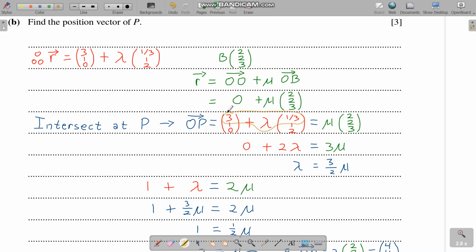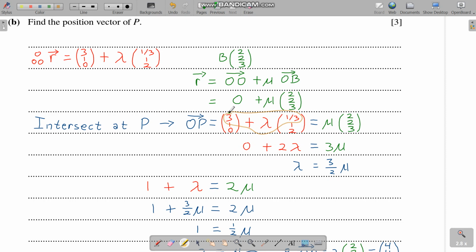Actually here we are using the z component first. 0 plus 2 lambda equals mu times 3, so 3 mu. That's what we have. 0 plus 2 lambda equals 3 mu, which means lambda equals 3/2 mu.